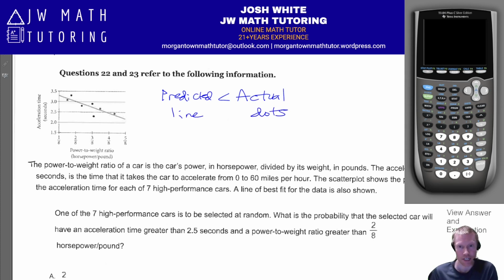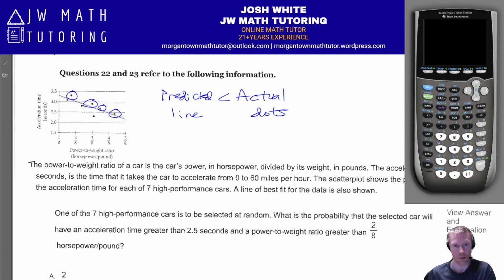So for the predicted to be less than the actual, that means we want the actual points to be above, or the dots on the graph to be above the line. So there's going to be one here, one right there, and one right there. So there are going to be 4 cars or 4 points based on the graph where the predicted acceleration time is less than or below the actual.